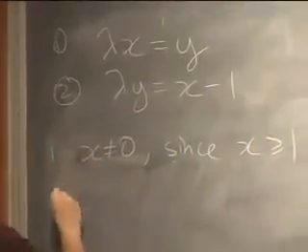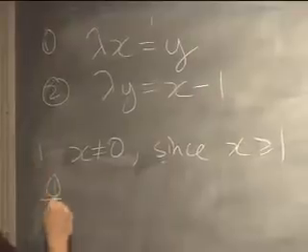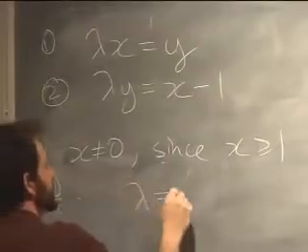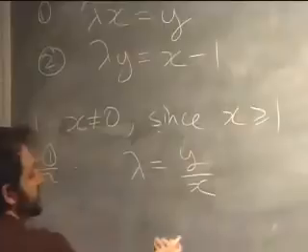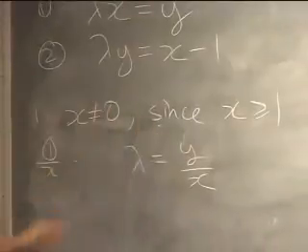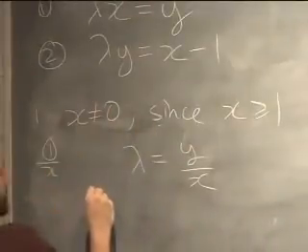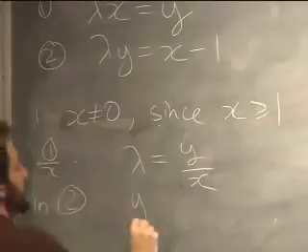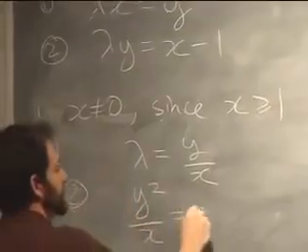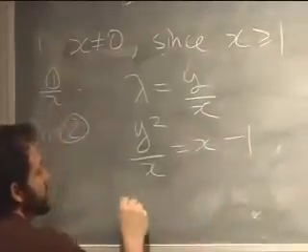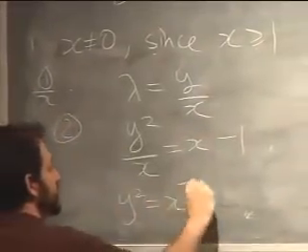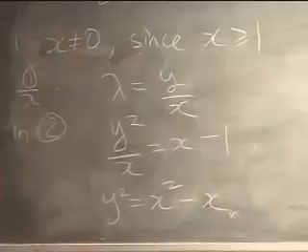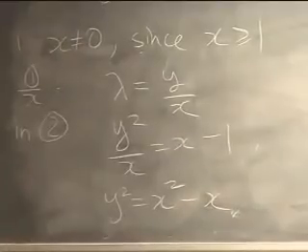So divide equation 1 by x, and you'll see that lambda is y over x. Now plug that into the second equation, and you get y squared over x equals x minus 1. In other words, y squared is x squared minus x. Okay, so that's gotten rid of lambda altogether.